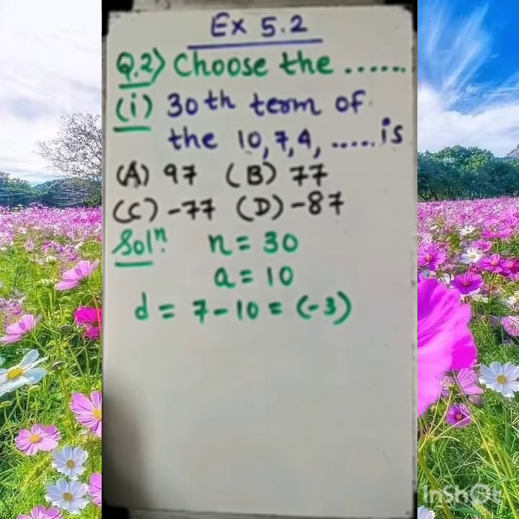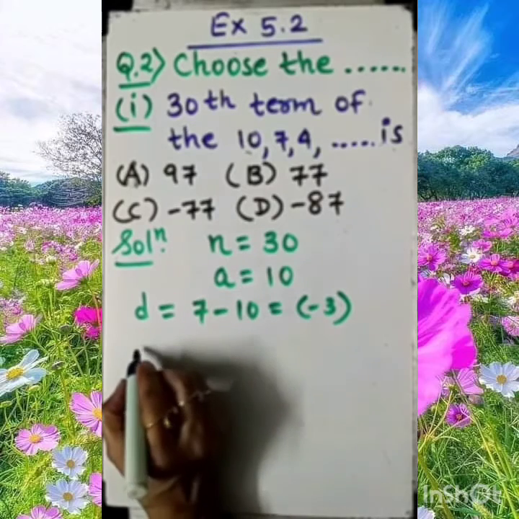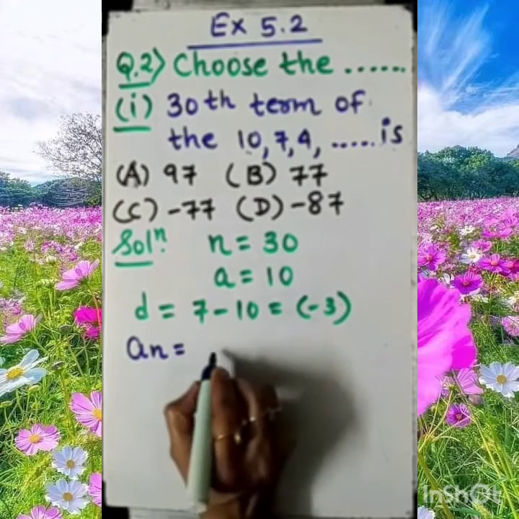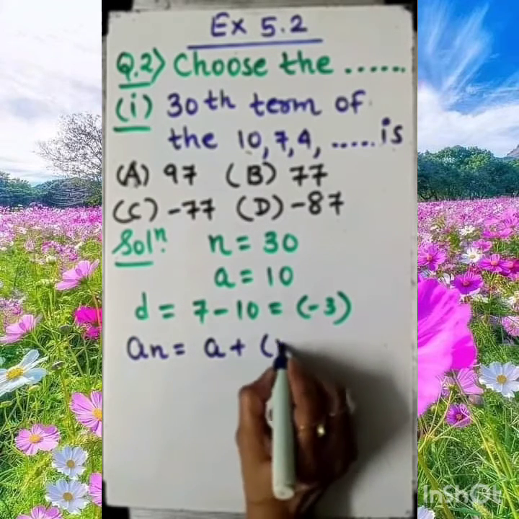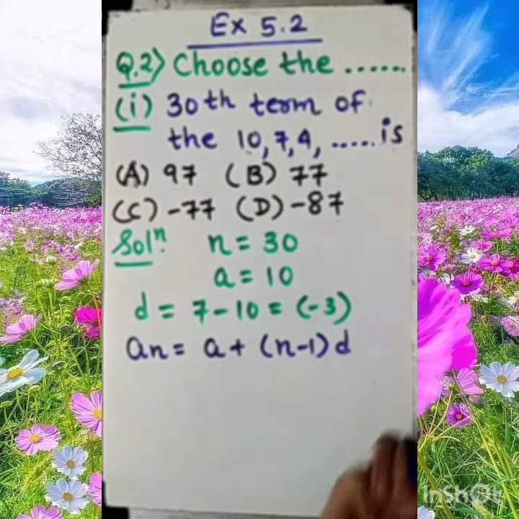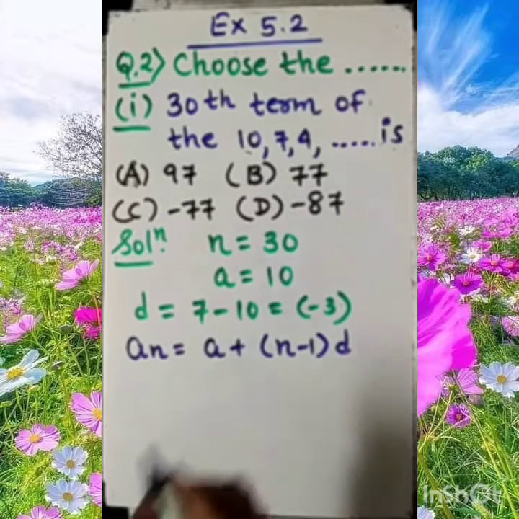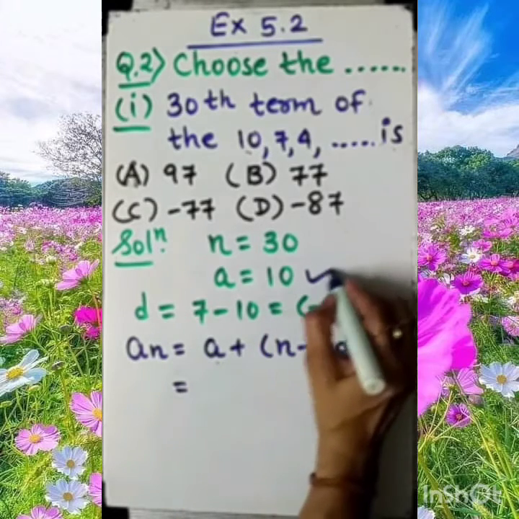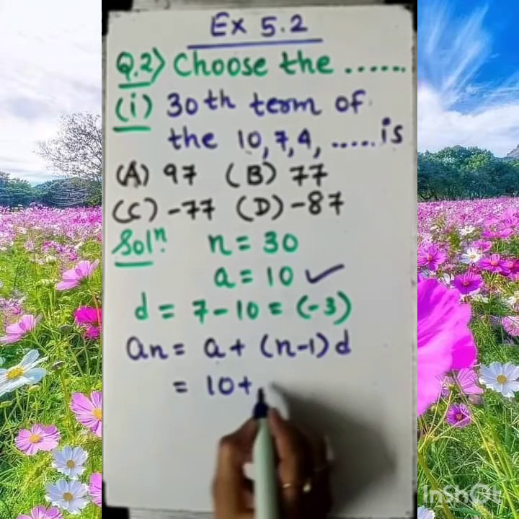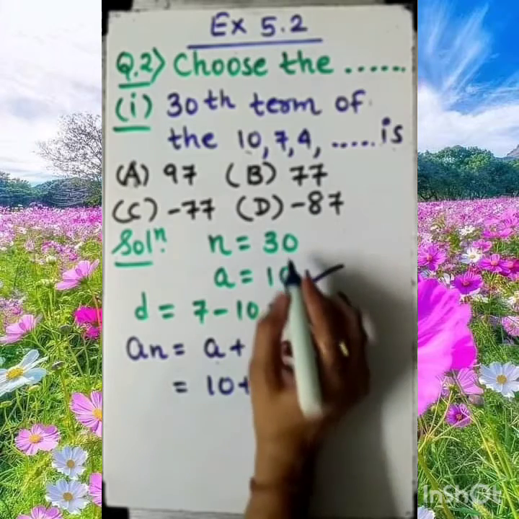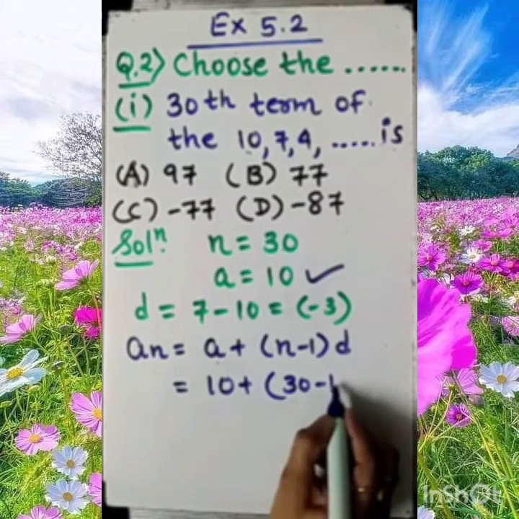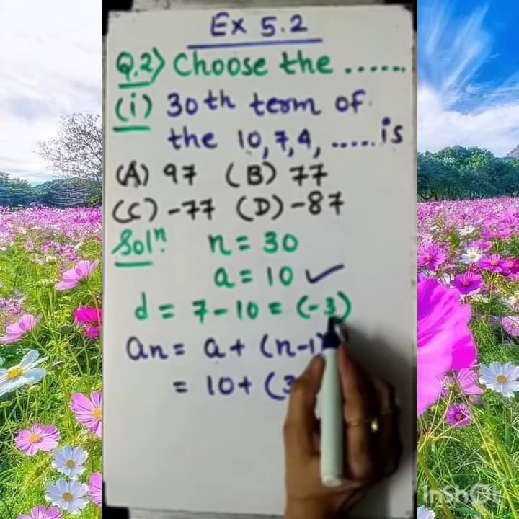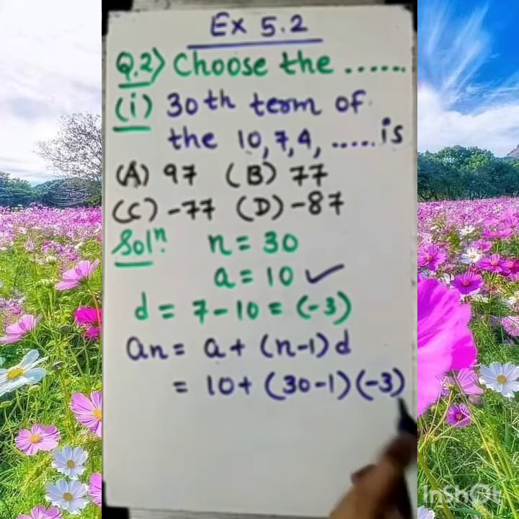Now, the general formula to find a_n equal to a plus (n minus 1) into d. Agree? In this, I am going to substitute the value of a, that is 10, and the value of n, that is 30 here. So 30 minus 1, and the difference is the negative number minus 3.